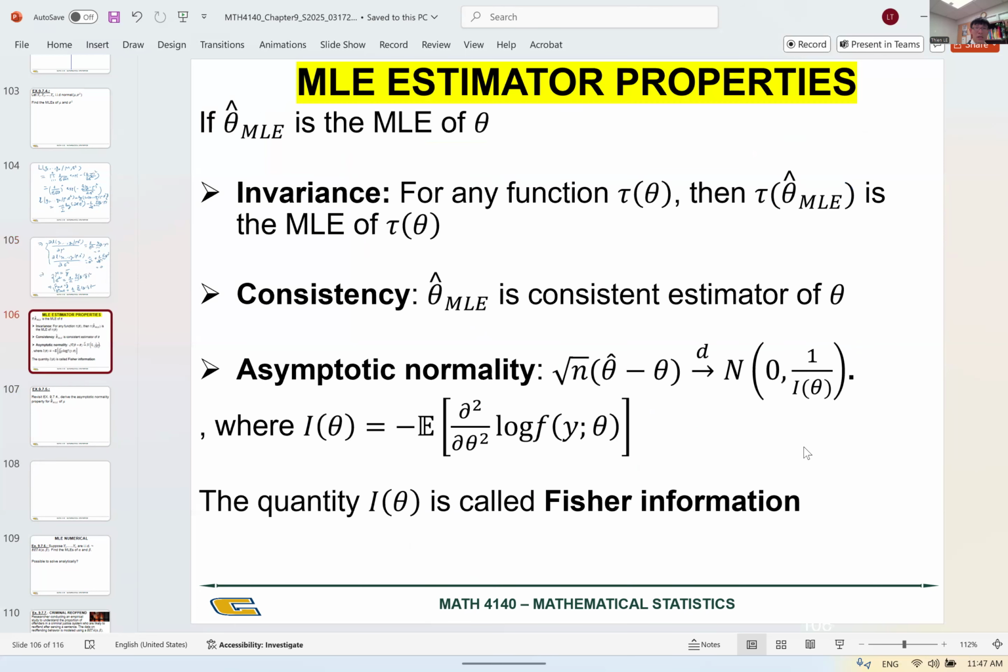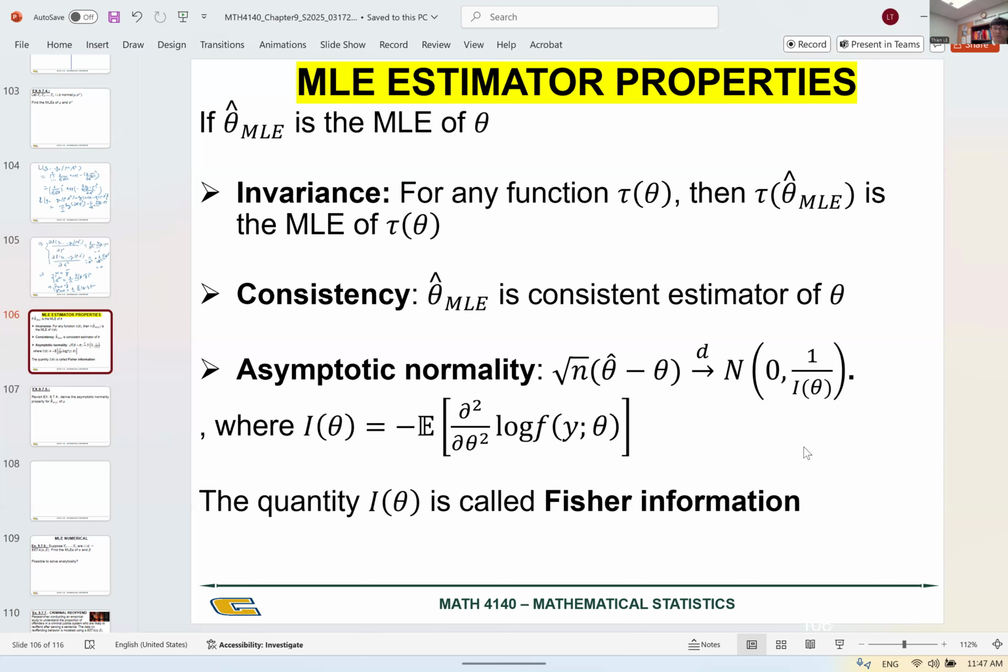So let's look at some properties of estimators and why people want the MLE. The MLE has a very nice property, at least in terms of large sample properties, with sample size big. So one property people like very much is invariance.